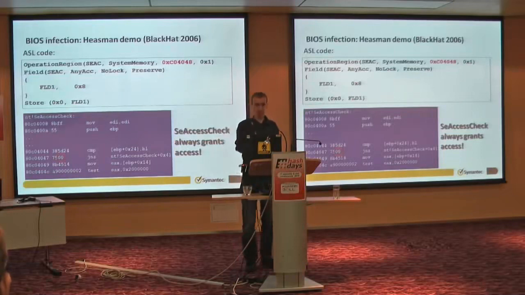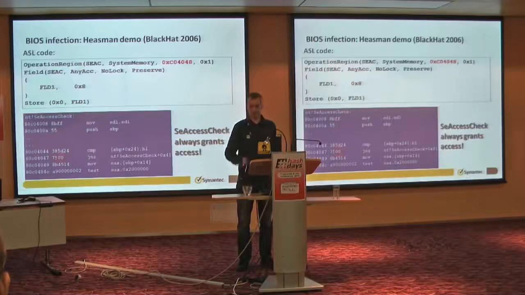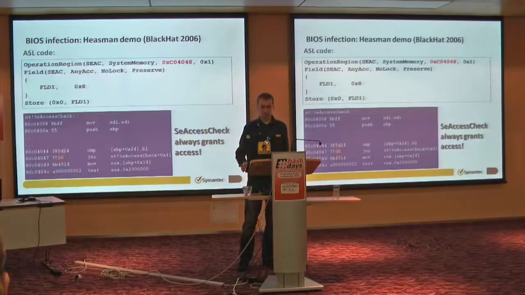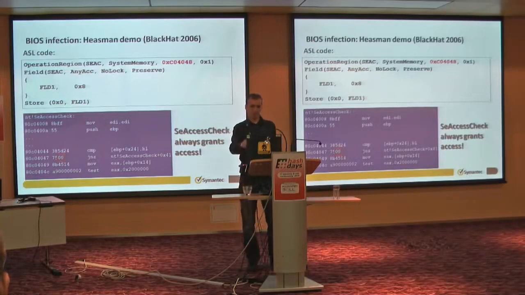The proof of concept from Heasman at Black Hat 2006 was very simple, but also very powerful. It was only adding this simple snippet of code, which is blindly writing to the offset 604048 in memory. This memory offset was actually a kernel offset inside the kernel API, SeAccessCheck. So all this modified BIOS function does is write 0 to the offset of the jump-if-non-zero that you can see highlighted in red.